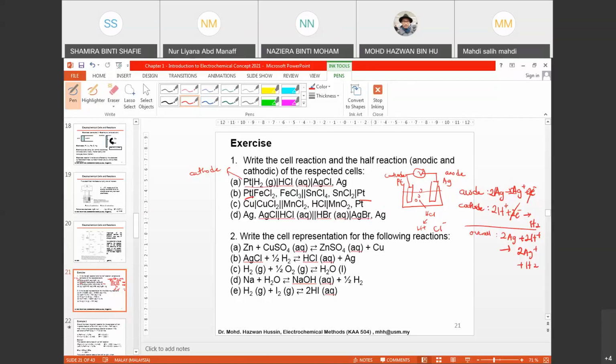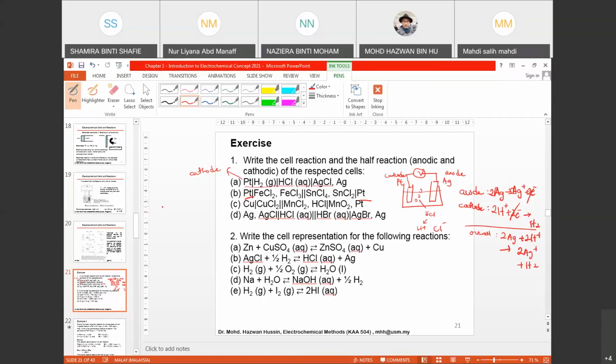Yeah. Actually, you can see the clue is there, because the electrode used here is the same type of electrode, platinum and platinum. If you refer back to the definition of electrolytic and galvanic cells, I told you that an electrolytic cell uses two similar electrodes and the electrodes must be inert. So in this case, this process is basically electrolysis.